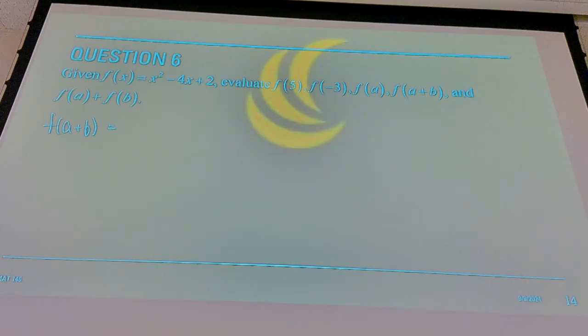What's the input now? A plus B. Replace X with A plus B. You can expand it, so it's like A squared plus 2AB plus B squared.